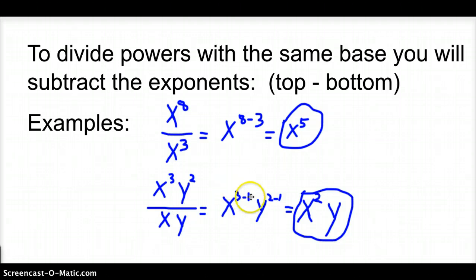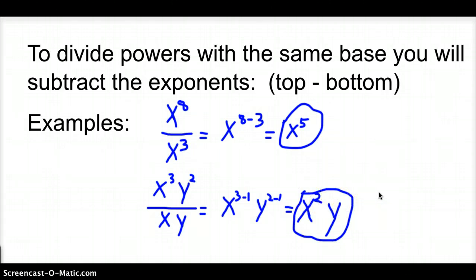So x to the 3 minus 1, and then y, we have y to the second power divided by y, and so the exponents there are 2 minus 1. So that ends up being x squared y.